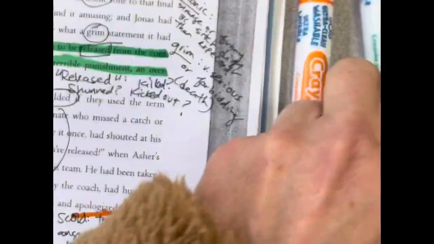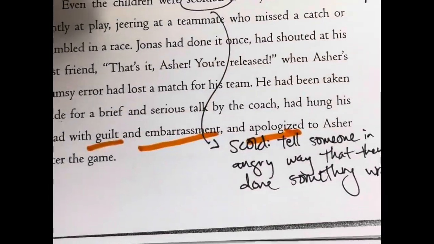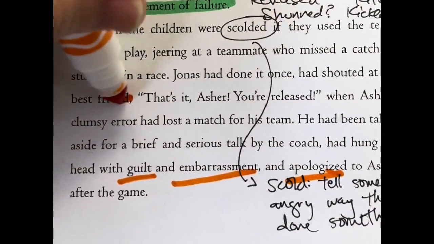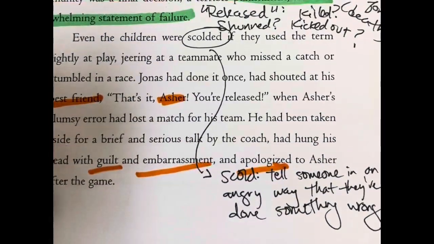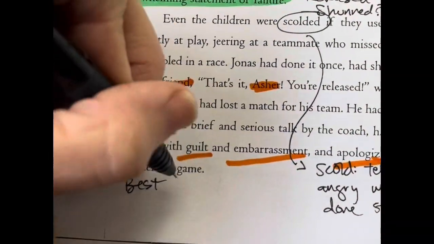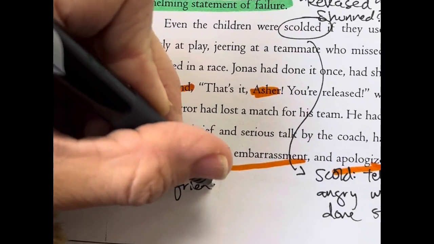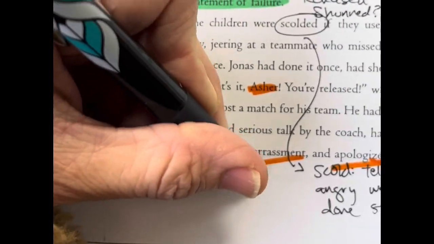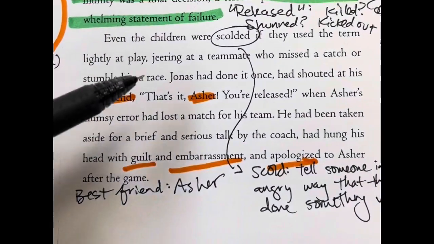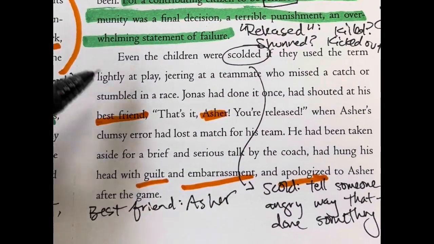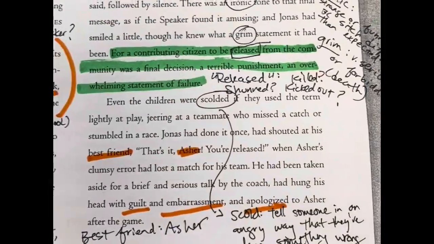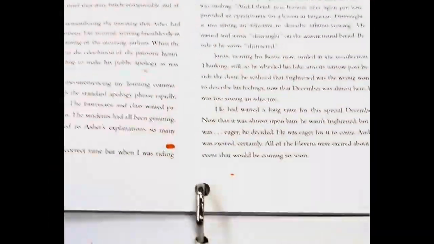And then we learned about another character, his best friend, named Asher. So I'm going to write that detail on the bottom. Best friend, Asher. And what do we know about Asher? He seems to do something wrong. Maybe he's not great at sports, or maybe it was just a little mistake. We'll find out more. All right, next page.